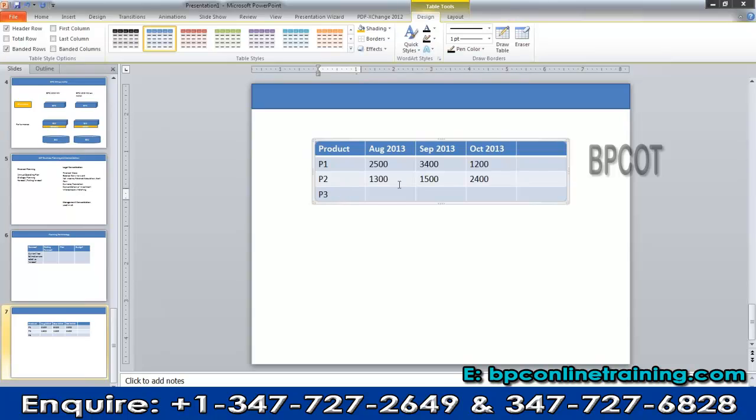T3, I am estimating 1,100, 1,200, 1,150. Yeah, this is the total estimation. You can keep it like this. Total. Add this and put here, equal to the sum of August, September and October.